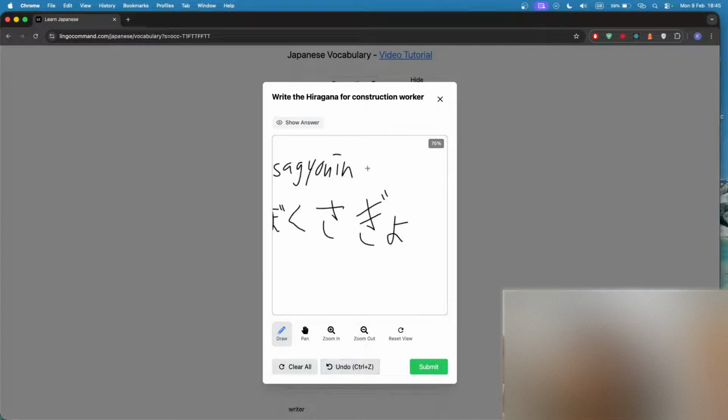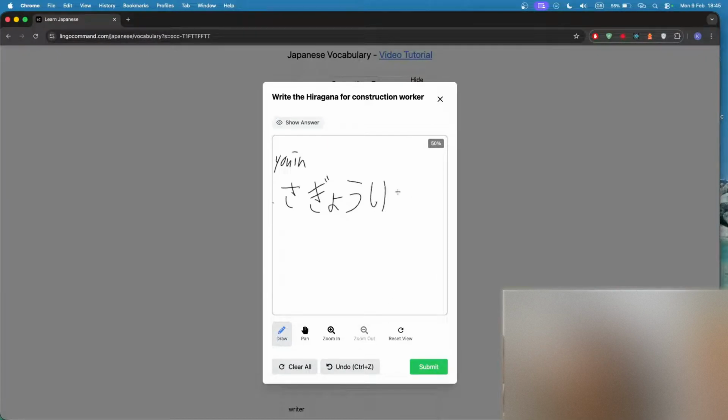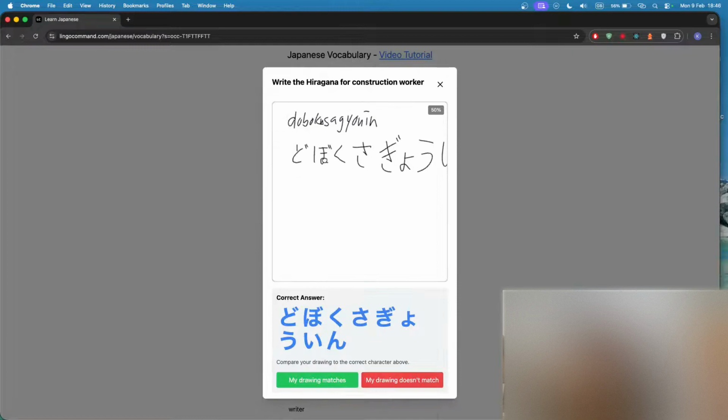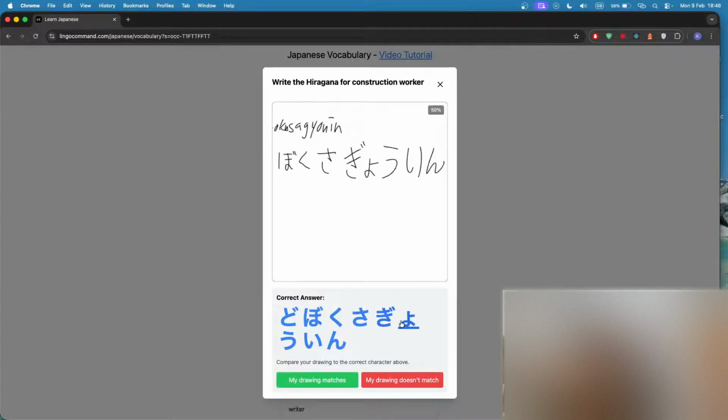So this is gyo, and then we need a full-sized U, an I, and an N. This word is getting kind of long. Let's submit our answer and take a look. So, dobokusa. This is the yoon combination I spoke about. Gyoin. So that's all a match.